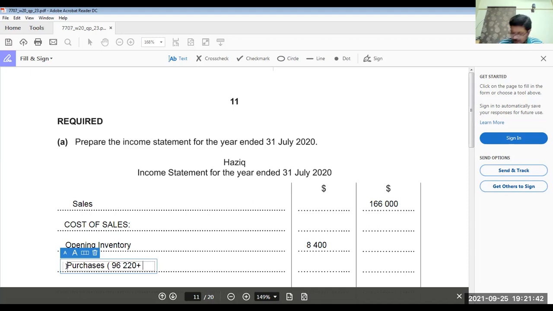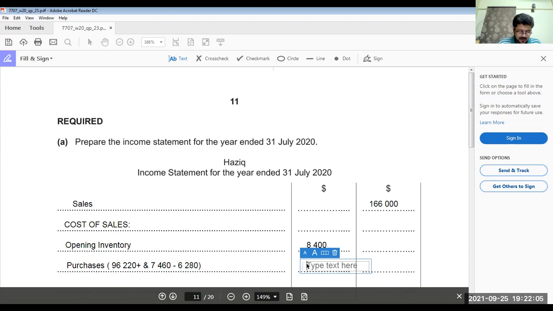Trade payable ending is given, 7,460, minus trade payable opening, 6,280. Done. And we'll get the correct amount of purchases.